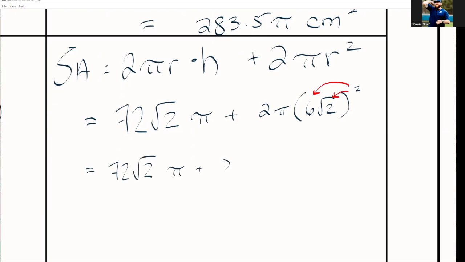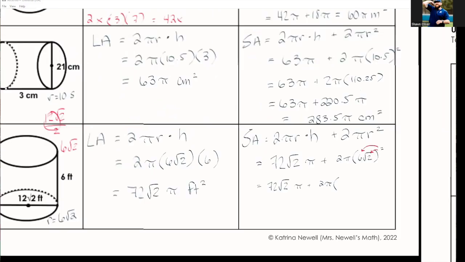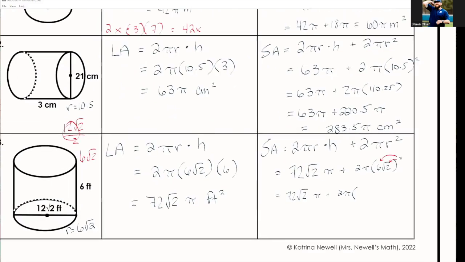plus 2 pi times 6 squared is 36. Why don't you do like SA equals LA plus 2 pi r squared? You can. I just wrote out 2 pi r times height. And then why do we write the LA not squared, because at the end of the equation we have it like the feet squared?